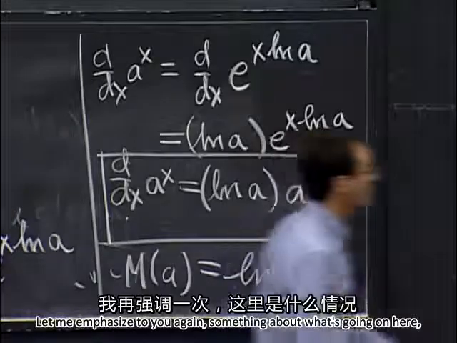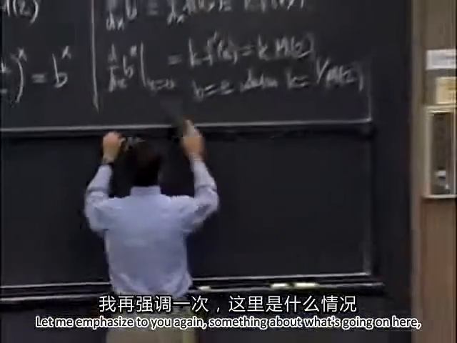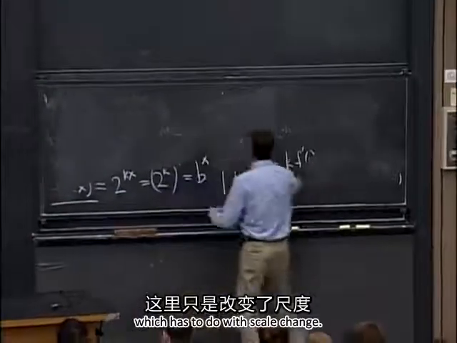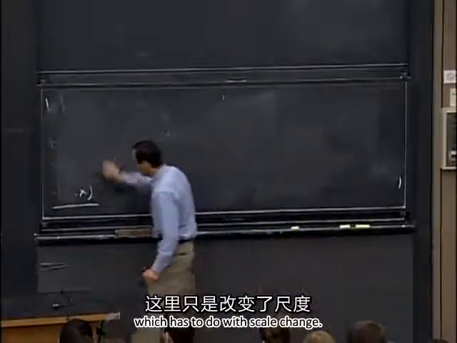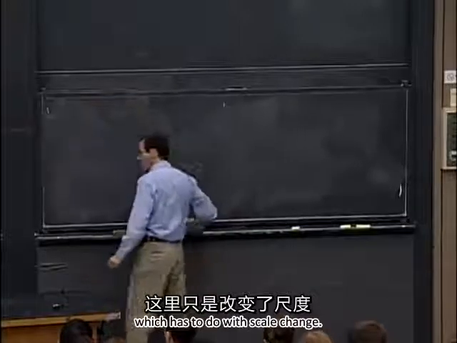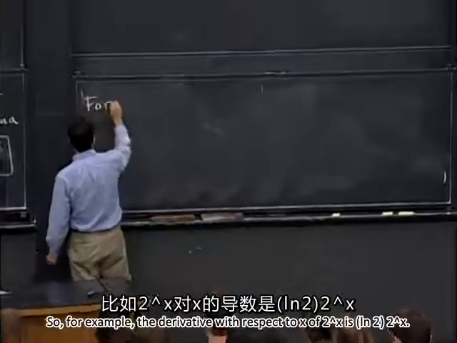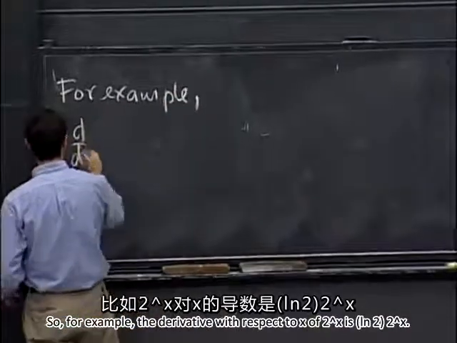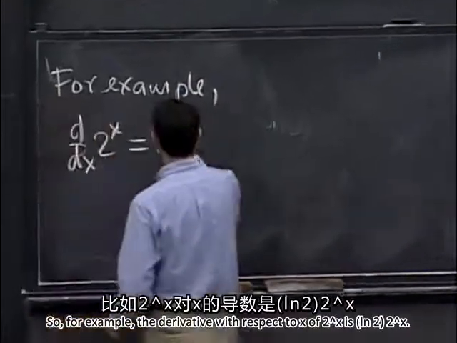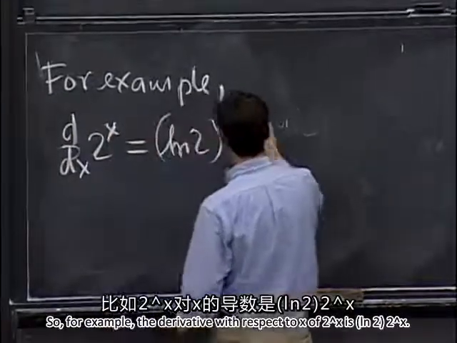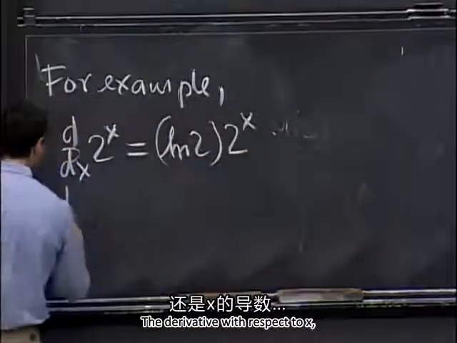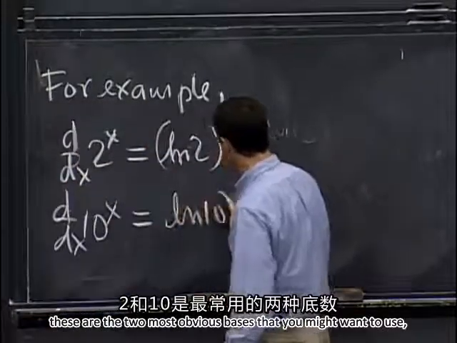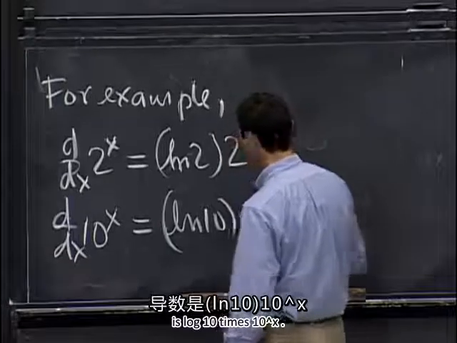Let me emphasize to you, again, something about what's going on here, which has to do with scale change. So, for example, the derivative with respect to x of 2 to the x is log 2 times 2 to the x. The derivative with respect to x, these are the 2 most obvious bases that you might want to use, is log 10 times 10 to the x.